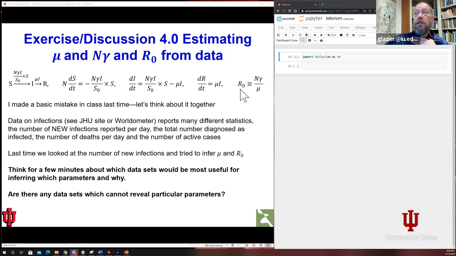We have R0, which is the typical number of people an infected person infects during the time they're sick, or comparably beta, which is N gamma times S over S0, the number of people an infected person infects per day. And then S0, which is the total population.